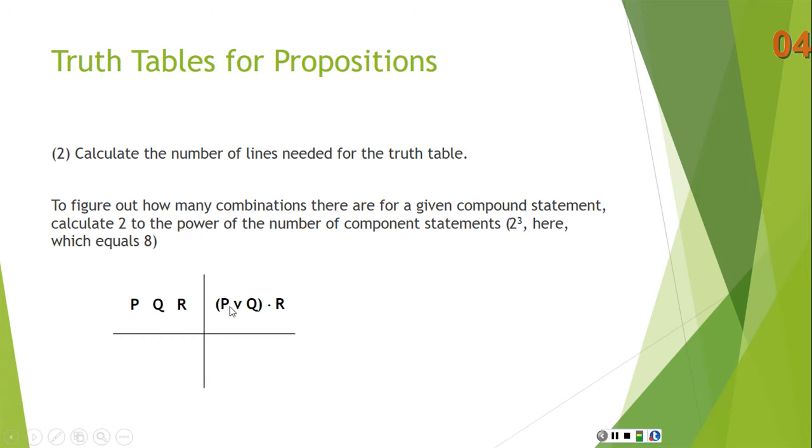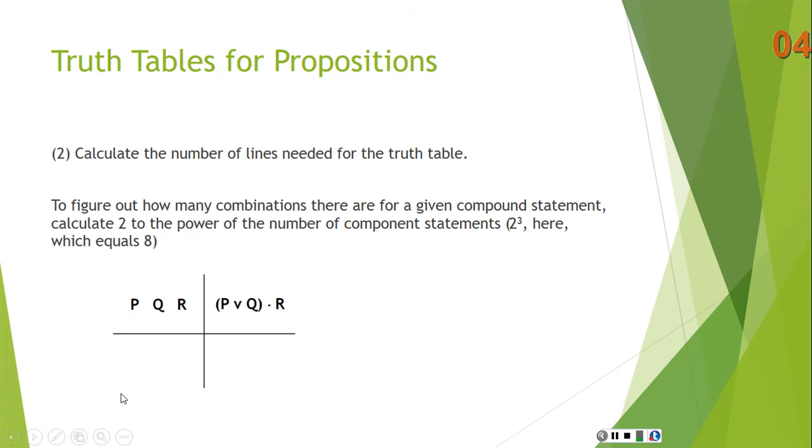So for this compound statement, P or Q and R, to know how many lines go down here, you calculate 2 to the power of the number of component statements in here. Since we know there are 3 component statements, P, Q, R, we do 2 to the power of 3. 2 to the power of 3 means 2 times 2 times 2, and that equals 8. So we need 8 lines of T's and F's.